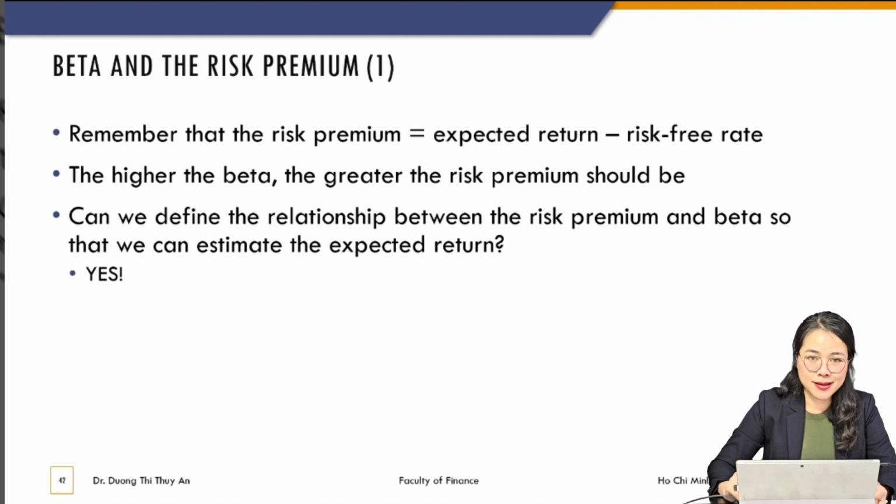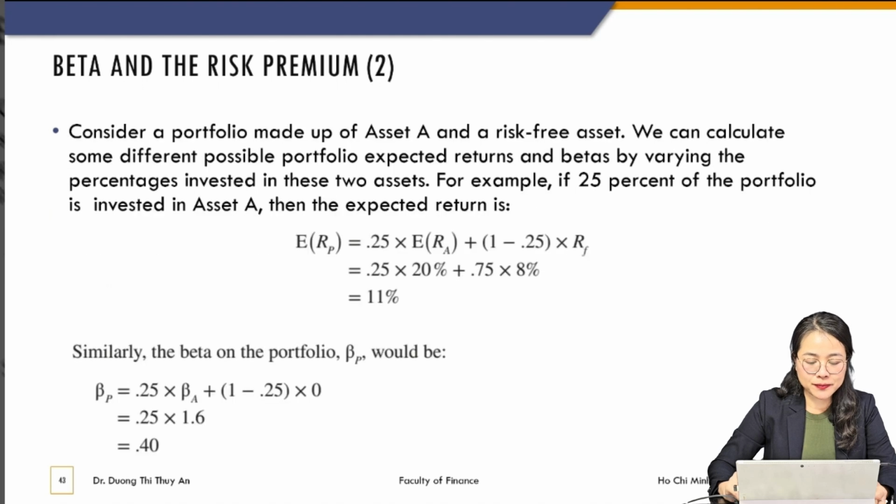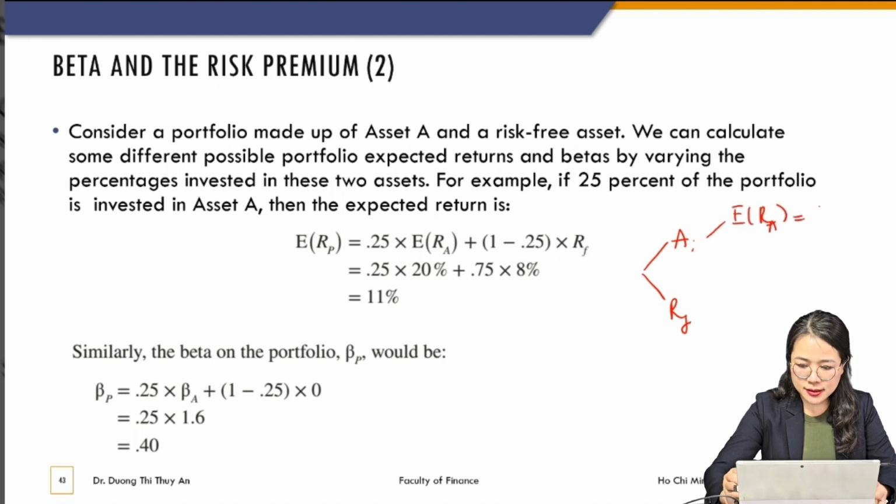So look at the following example. Consider a portfolio made up of asset A and the risk-free asset. This is our portfolio. The expected return of asset A is 20%, and the beta of asset A is 1.6.